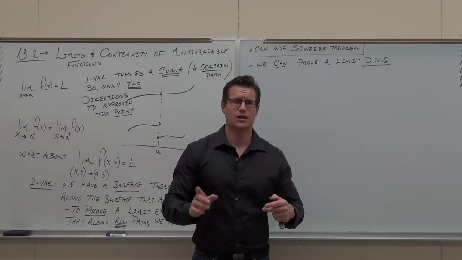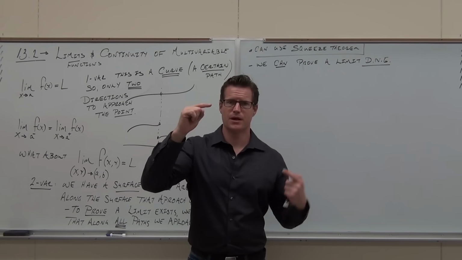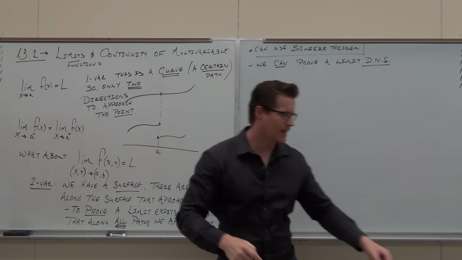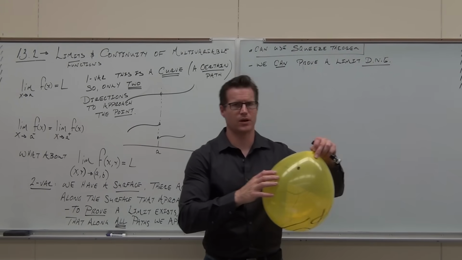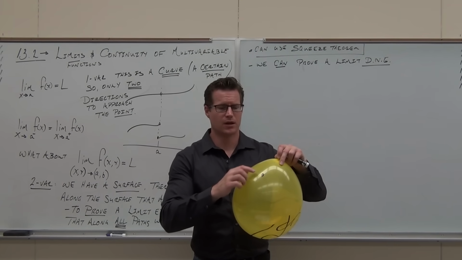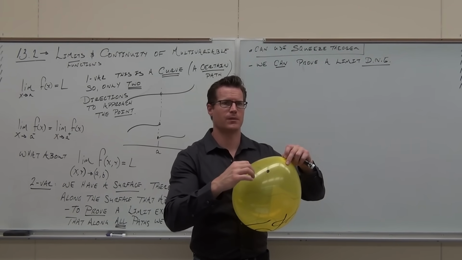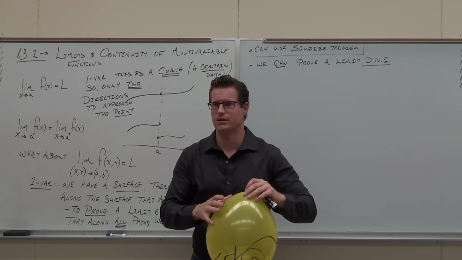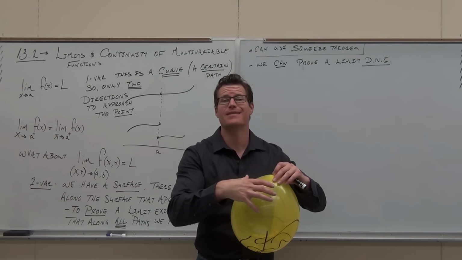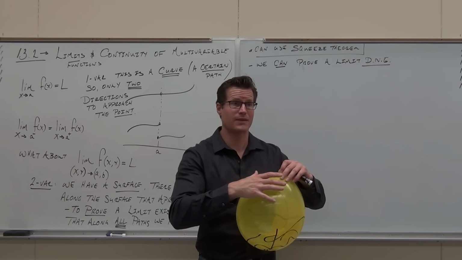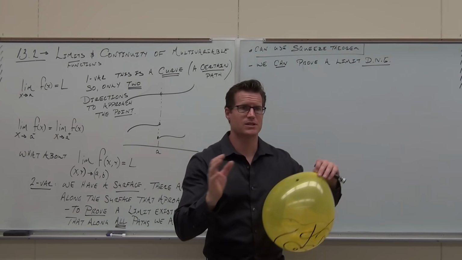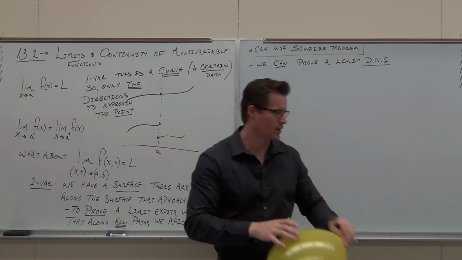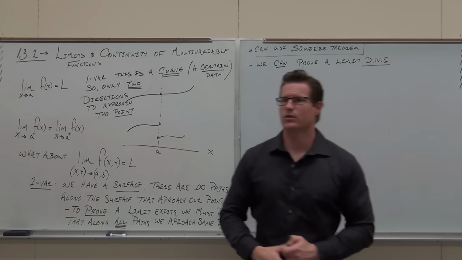On a surface, it's from one path and another path, we'd equal a different value. I can't show you with this because we're going to show this a little bit later. This will be continuous at any path because it's defined everywhere. There's no holes. There's no asymptotes in 3D. There's nothing like asymptotic planes. So this will be continuous everywhere, which means that all the paths lead to the same value at that point. So that's okay.